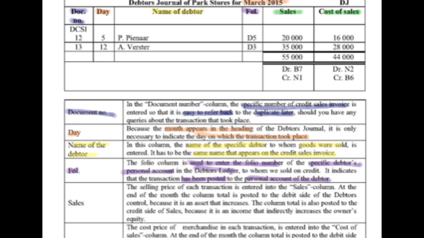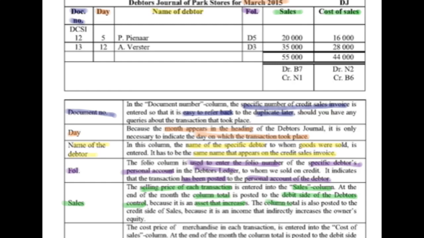Our next column is sales. In other words, the selling price of each transaction is entered into the sales column. At the end of the month, the column total is posted to the debit side of the debtor's control account, because debtor's control is an asset that needs to increase on the debit side. So therefore sales increases debtor's control.